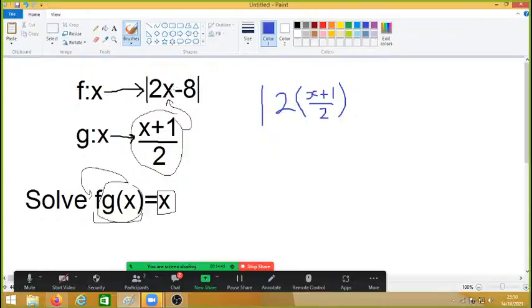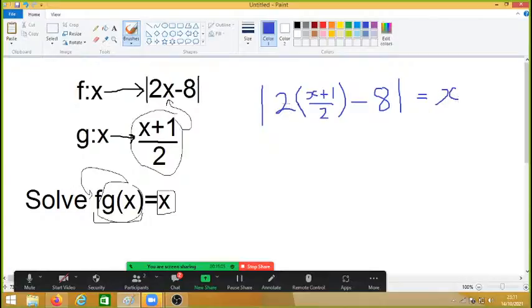And then comes the minus 8 and the end of the modulus sign. So that's what we're working on, this bit here, fg of x. And on the right hand side will be equals x.